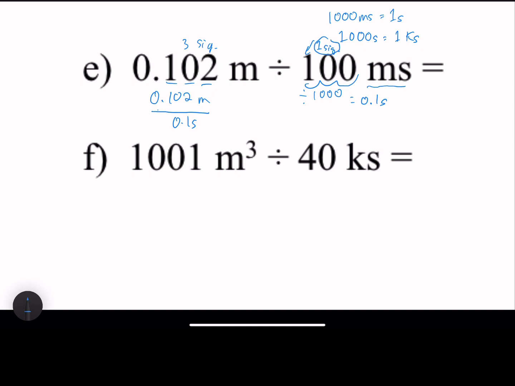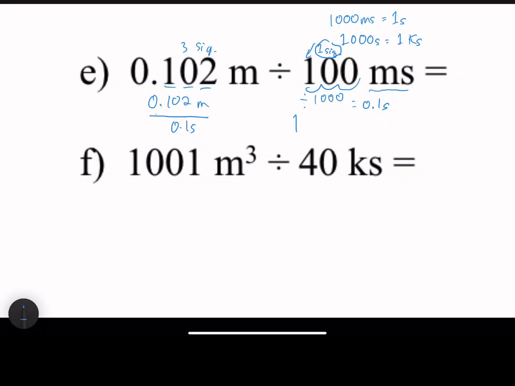So when you plug 0.102 divided by 0.1 into your calculator, you get a value of about 1.02 meters per second. However, we only want one significant digit. So these won't count, and we're going to just write 1 meters per second.